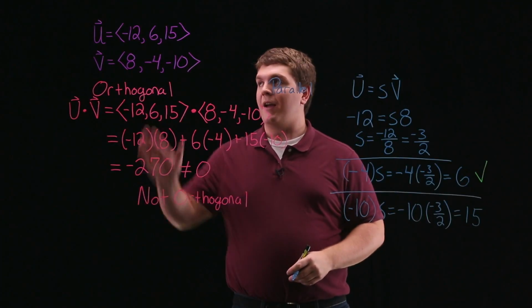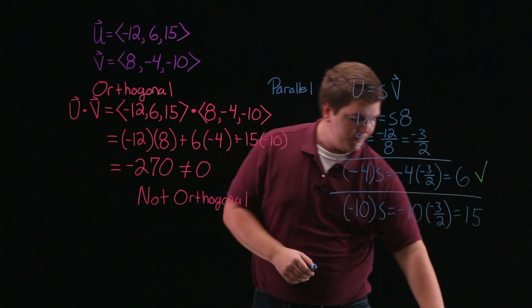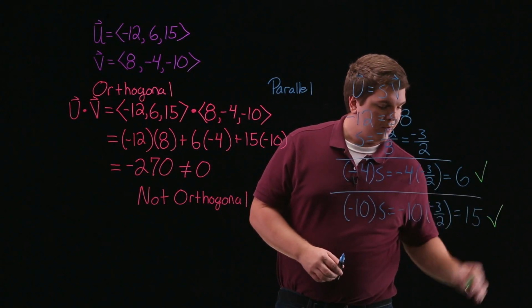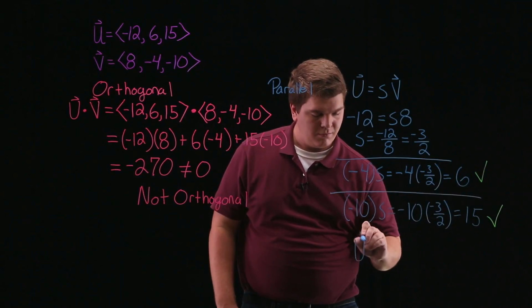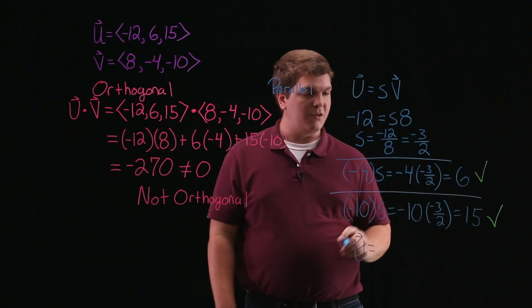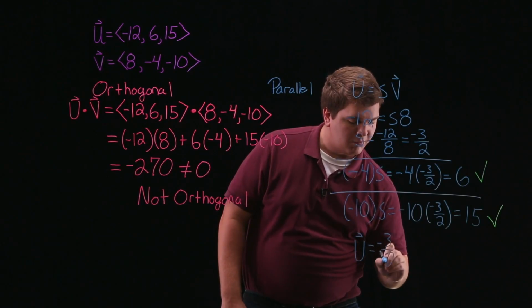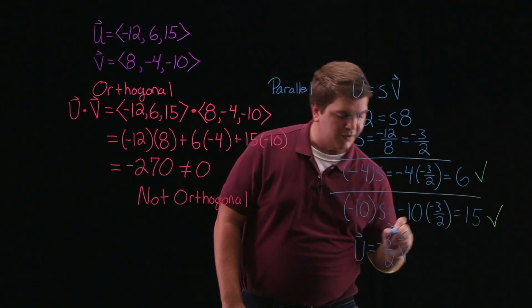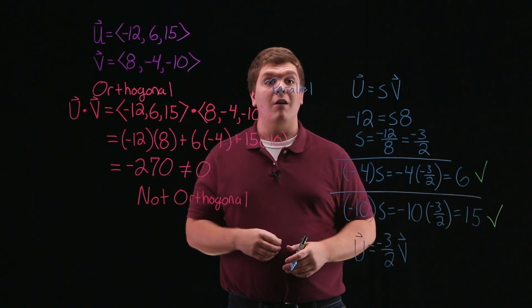Now if we look back at our vector u, we see the third component in u is 15. So what we have is u is equal to our s value, -3 halves, times our vector v. And what this means is that our two vectors u and v are parallel.